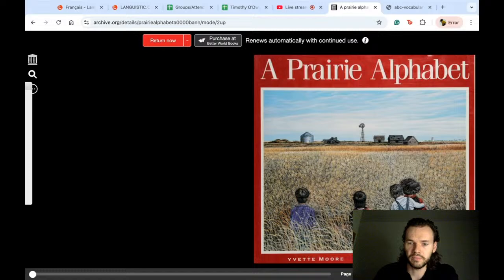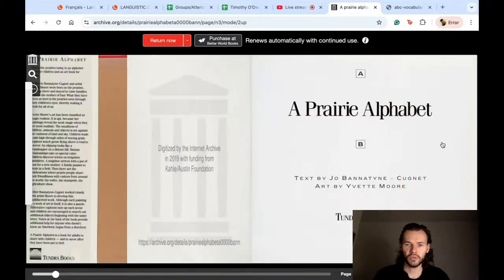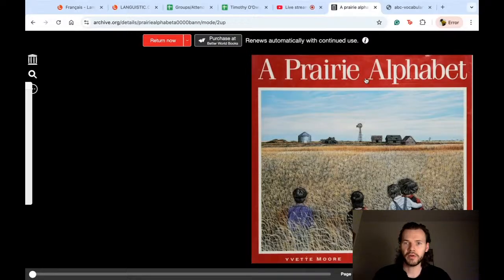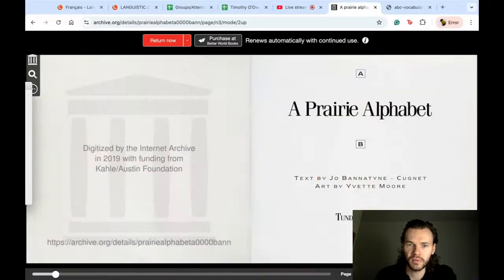Well, that's okay. Okay. So, a prairie alphabet. A prairie alphabet. Ironically, from a library in Minnesota. So, not even Canada.